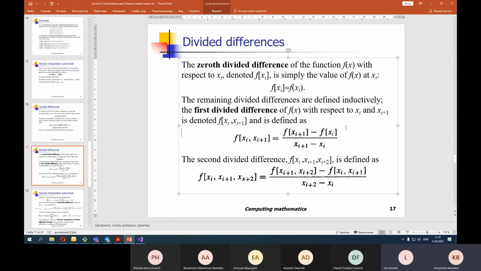This formula gives us the rule for how to find the first divided difference.